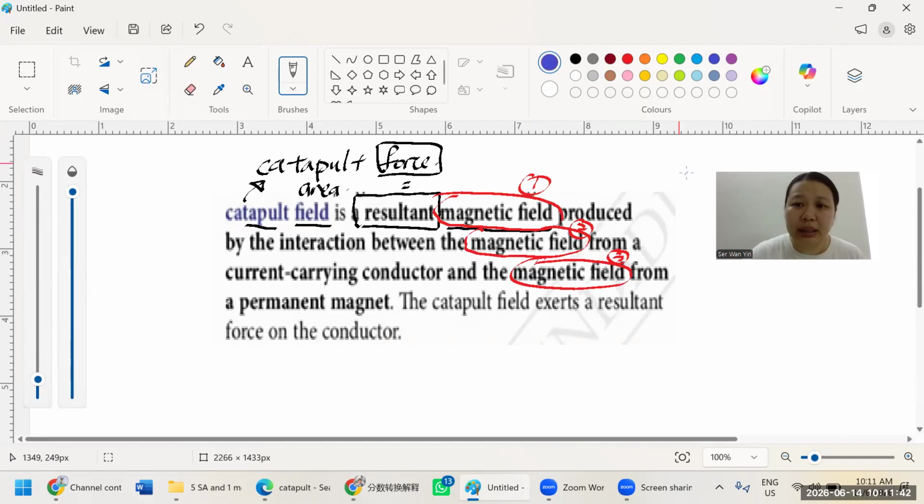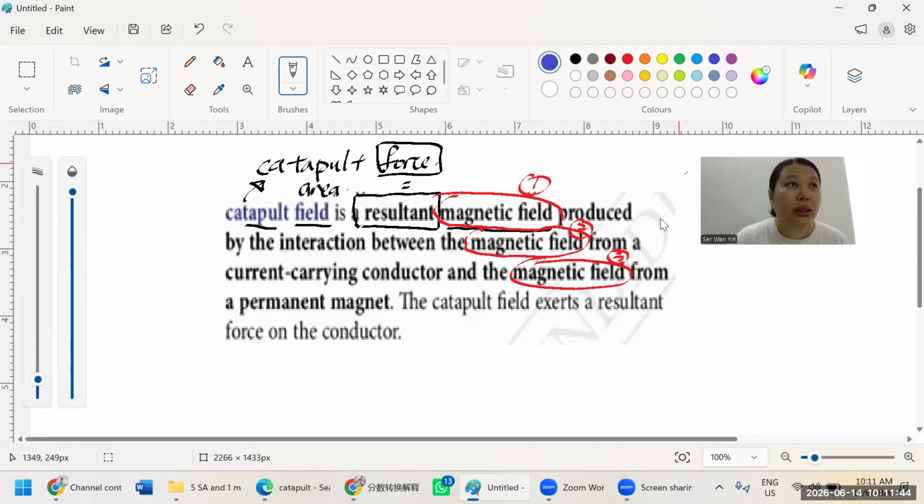For me, every time when I want to memorize a definition, if you ask me to memorize it as a sentence, I cannot. I need to analyze and I need to have the diagram in my mind. So you also need to do that. And remember, check the keywords. I tell you, definitions have a lot of keywords.